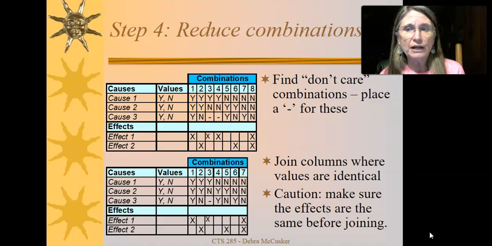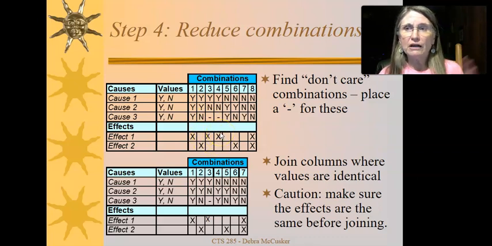You were still going to get the same effect or result. And that is the case here with columns 3 and 4. We have either a Y or an N. It really doesn't matter because the 2 effects were the same.